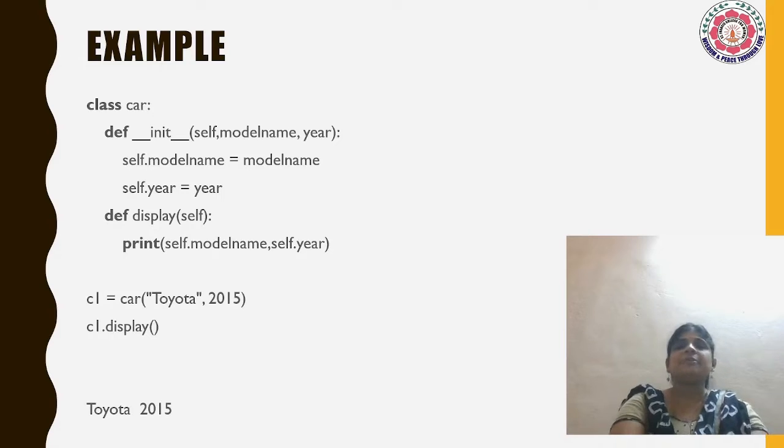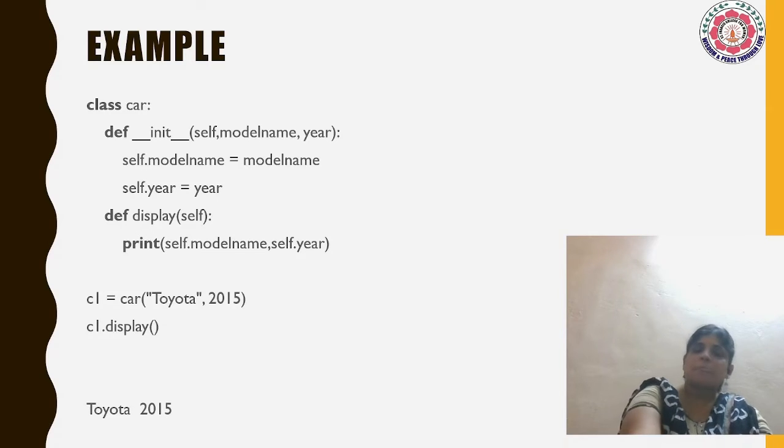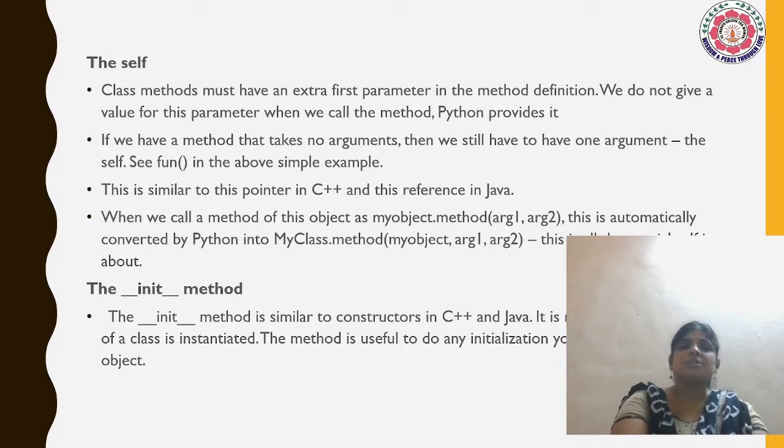Let me tell you, this is similar to the constructor concept, where we are defining the values. To go into detail about self, the method must have a first extra parameter.